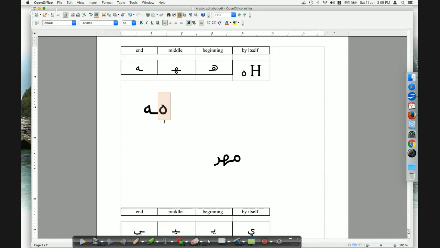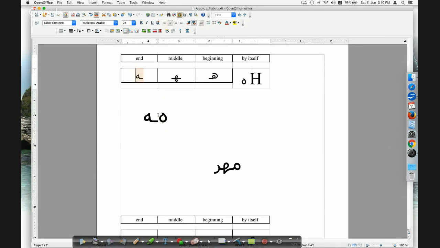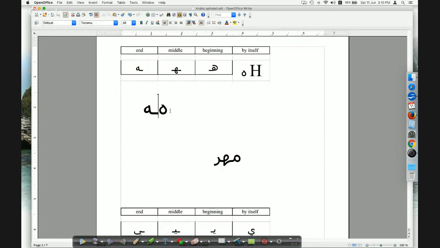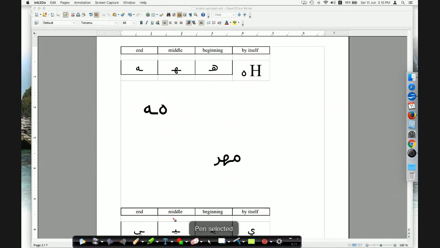So how will we know if it is written this way or if it is just this ball? Simply, if the letter before it cannot be connected, you write this ball. So if any of those letters we learned before comes before the letter ha at the end, then we have to make it as a ball like this.